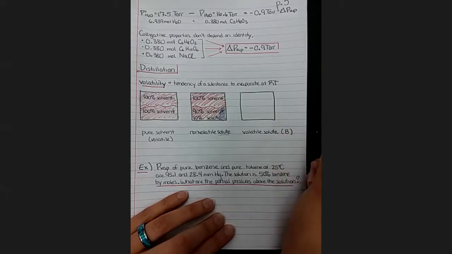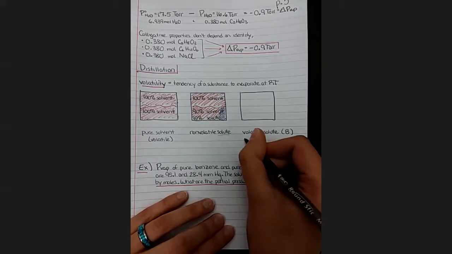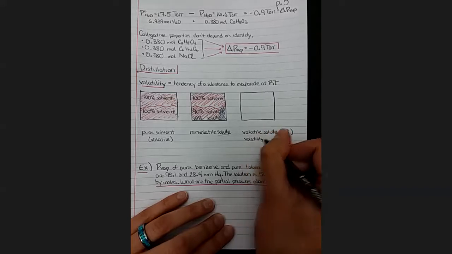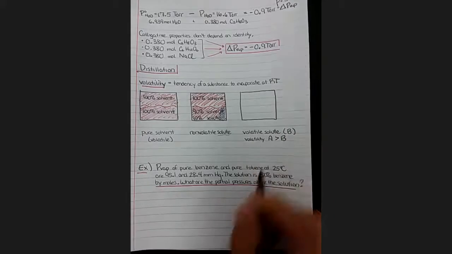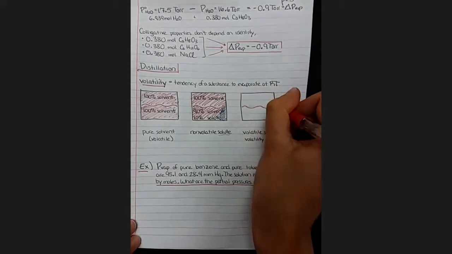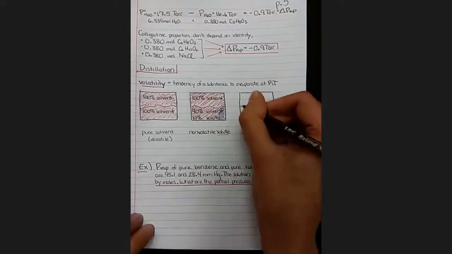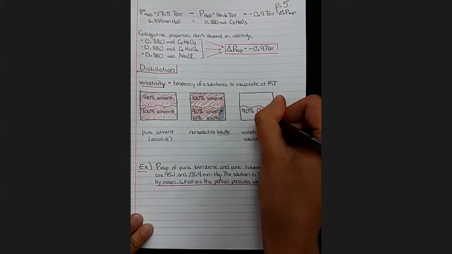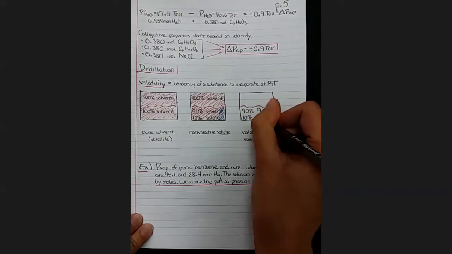So let's just call this compound B, and we'll call the solvent compound A. And let's say in this picture that the volatility of compound A is greater than compound B. So we're going to make compound A the more volatile one. So here's our vapor liquid line. Let's say we made that same mixture as before, so 90% of one of the compounds and 10% of the other compound.